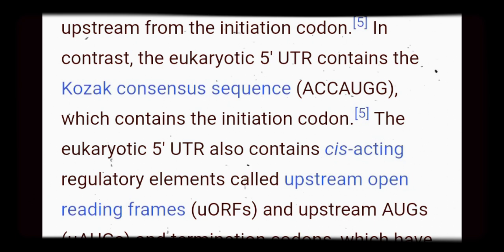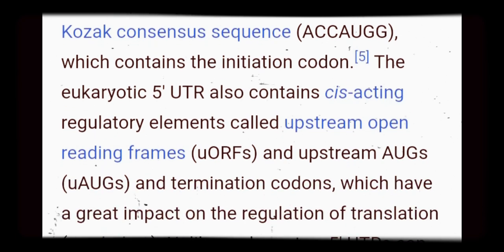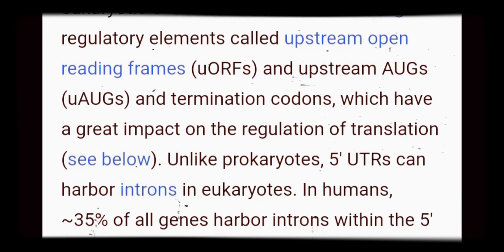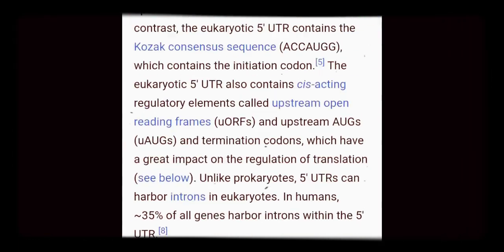The eukaryotes also have the upstream open reading frame, the uORF, within this 5' UTR, which will be able to regulate translation, because the upstream open reading frame has an upstream AUG. They also have a stop codon that helps to regulate translation. Okay, now next one.